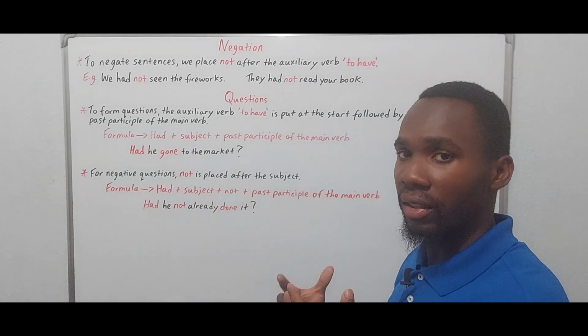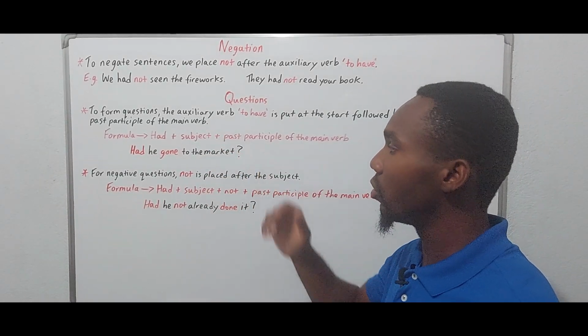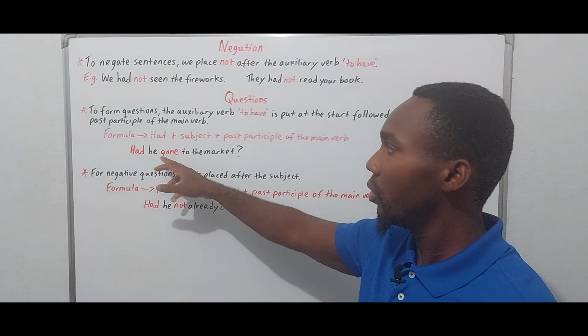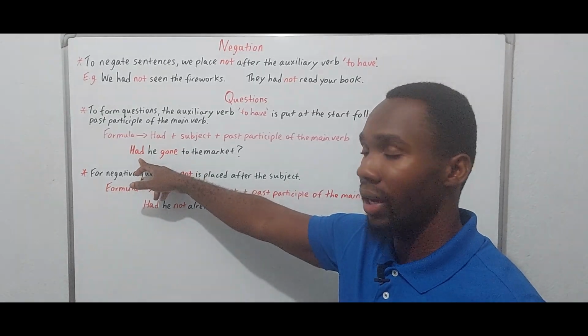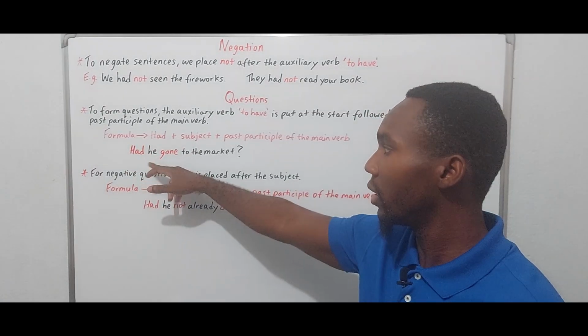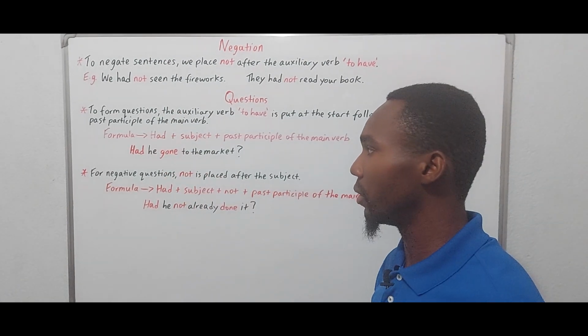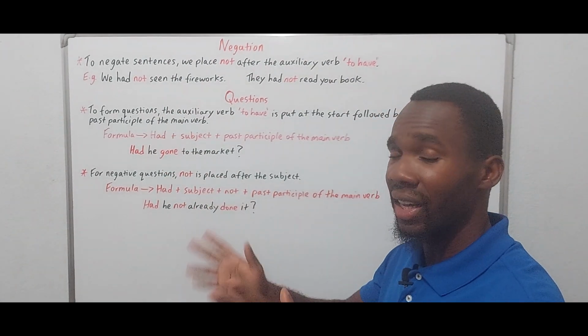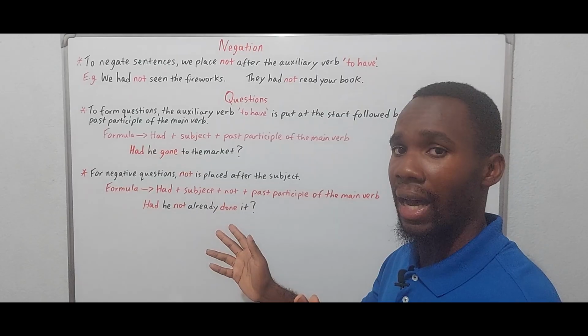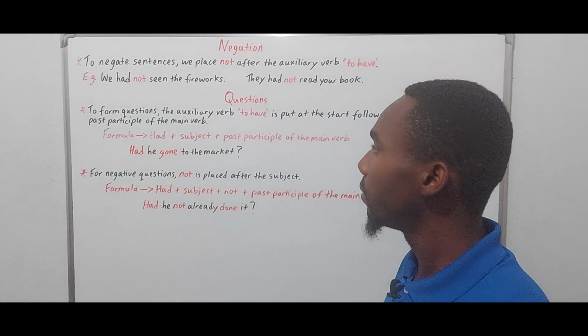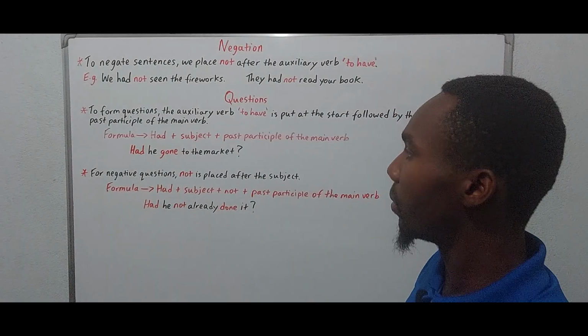Or the most basic form. Had he gone to the supermarket? So you see, the auxiliary verb is put at the start, followed by the subject, followed by the past participle, right? And whatever else that follows in that question, right? Had he gone to the market?